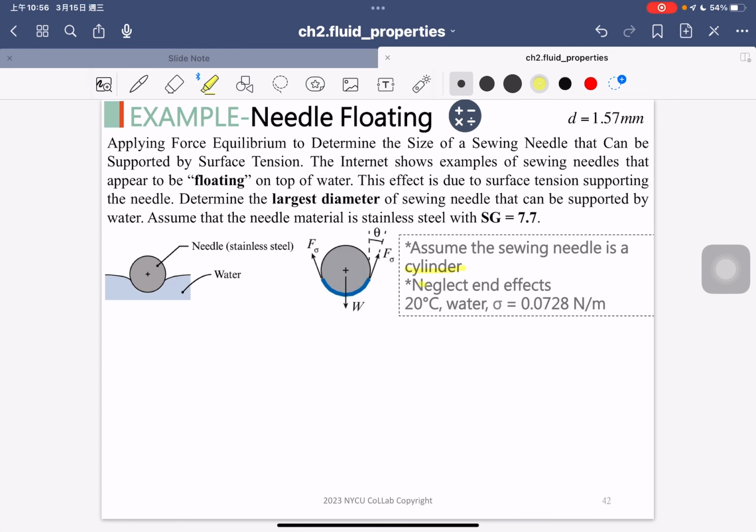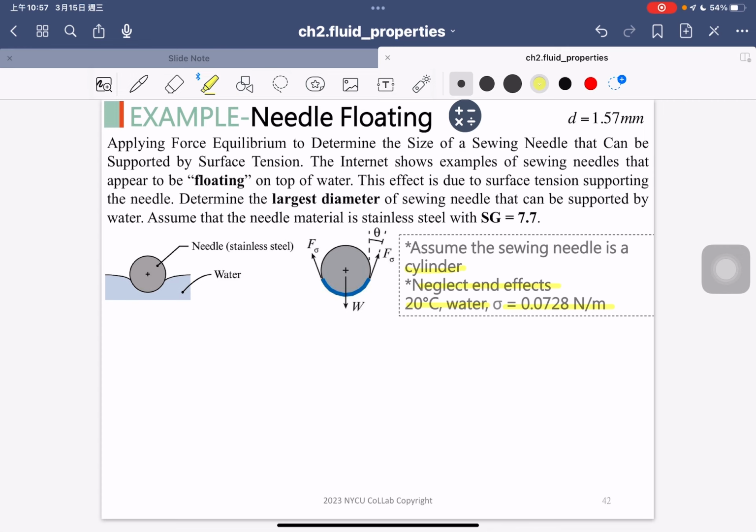So we neglect the end effects, and we consider the condition of 20-degree water, with surface tension of 0.0728 Newton per meter.